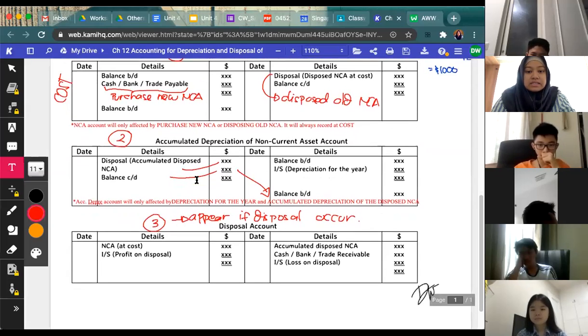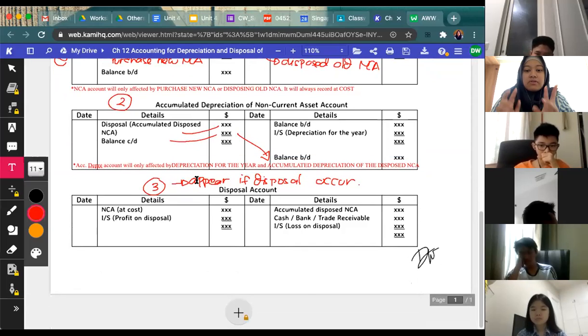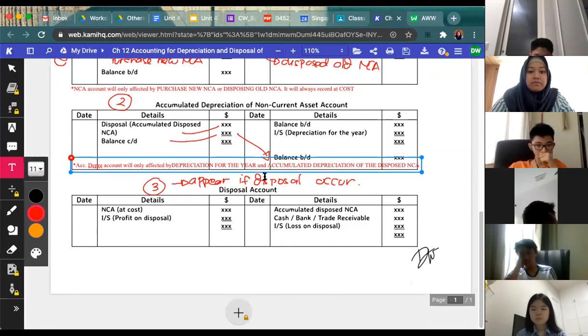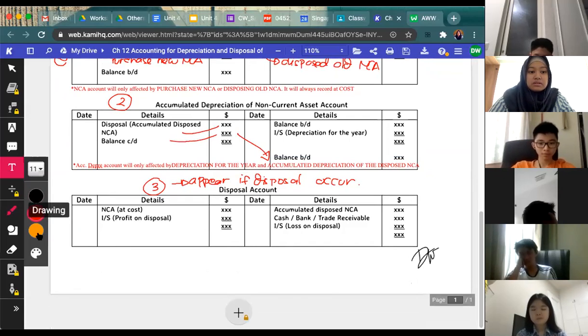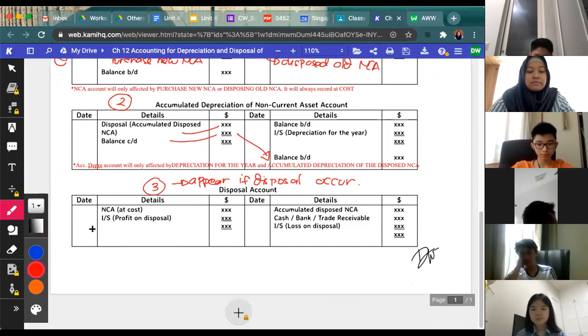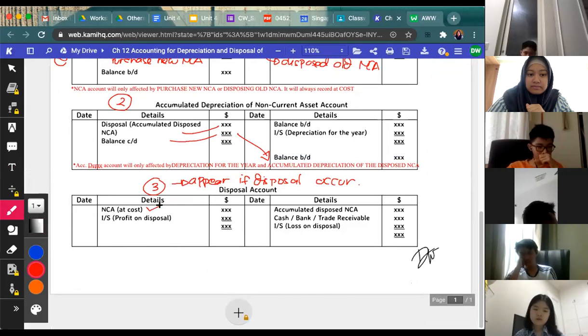Okay, now next, the disposal account only appears whenever there is a disposal. So if you have disposal transactions, you will find 4 pieces of information. The first one is the cost of the NCA, and then accumulated depreciation of the disposed NCA, and trade receivables.